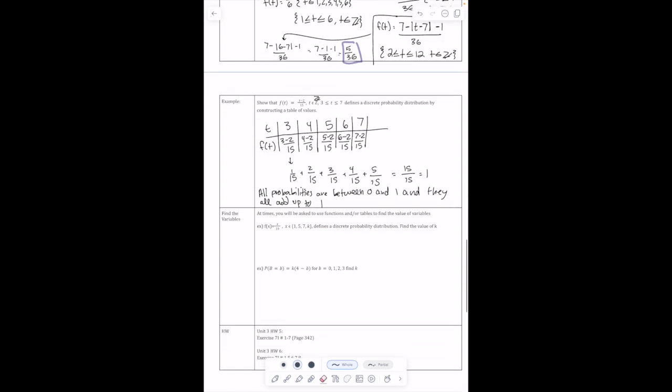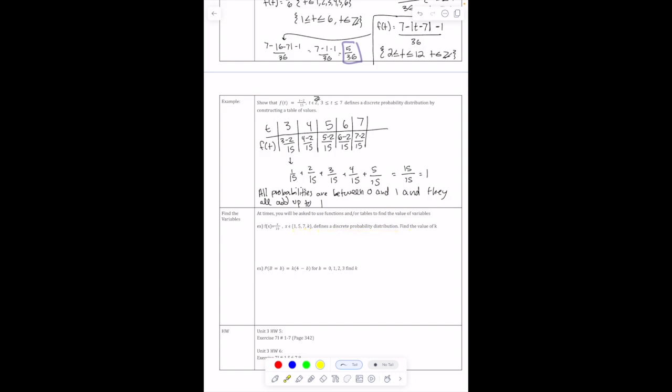Another thing you'll often do is find variables that will end up making something a probability distribution function, and you're going to be using this same idea that all the probabilities need to be between 0 and 1, and most specifically that they all add up to 1. So we're told here that the function f of x equals x over 19, where x is 1, 5, 7, and k, is a probability distribution function.